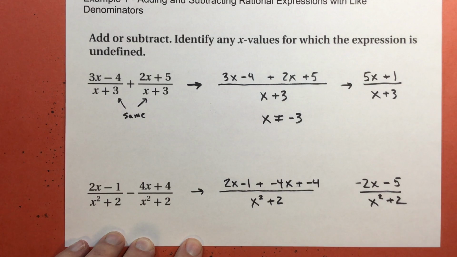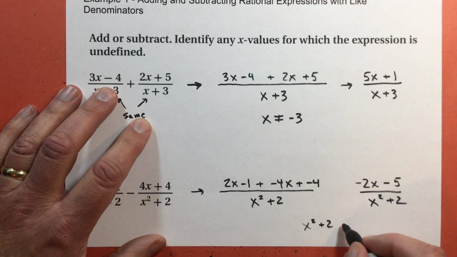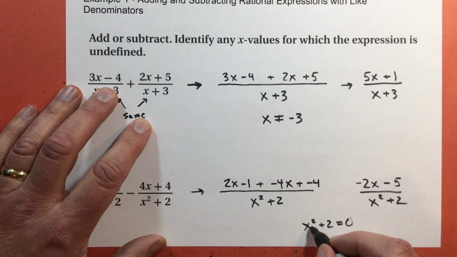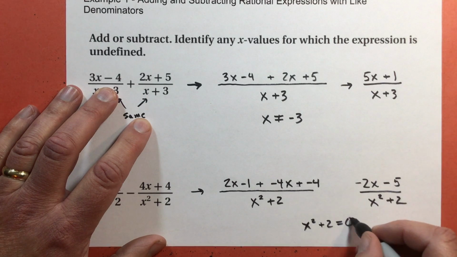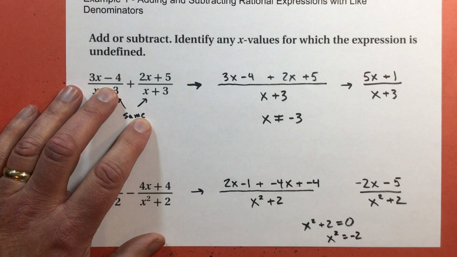So I'm going to find out what makes it work, and then I'm going to say, don't let that happen. So if x to the second power plus 2 equals 0, which is what I don't want, then I get x to the second power equals negative 2. And if I take the square root of that, that's where I'm going to get that imaginary solution. So I can say there's no real numbers that are going to make this happen.